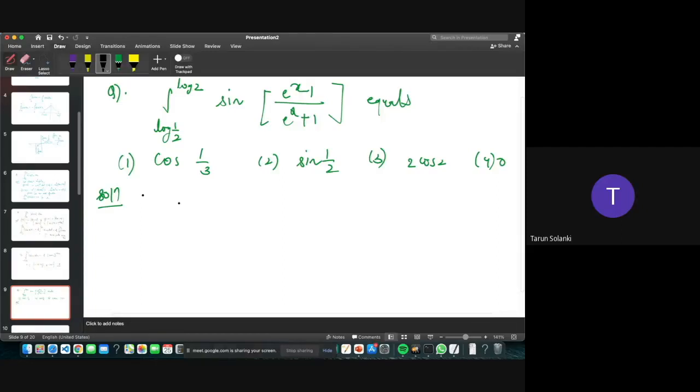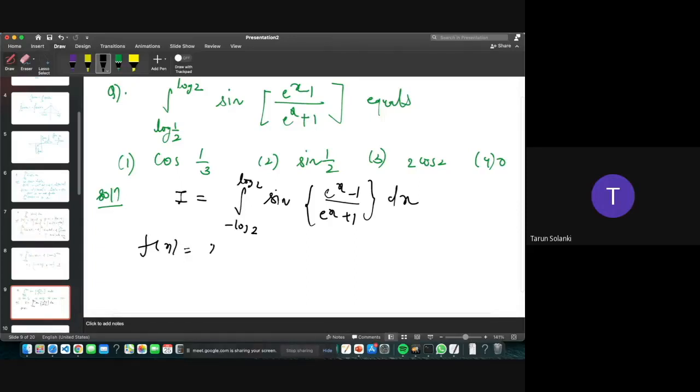Okay. So we assume I is equal to the integral from minus log 2 to log 2 of sin of (e to the power x minus 1) upon (e to the power x plus 1) dx. So if f(x) is equal to sin of (e to the power x minus 1) upon (e to the power x plus 1), then f of minus x is equal to sin of (1 minus e to the power x) upon (1 plus e to the power x).